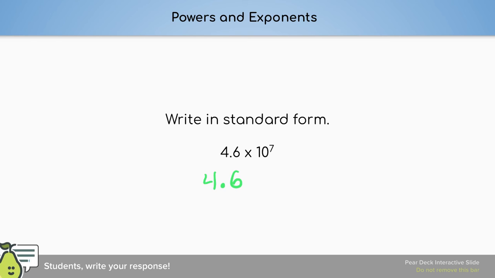That's why we want to have our base of 10. So let's move it 7 spaces to the right, making nice little jumps right here: 1, 2, 3, 4, 5, 6, 7. I like putting a decimal right there so I know where I stopped. And now we're going to fill in the little jumps with zeros.